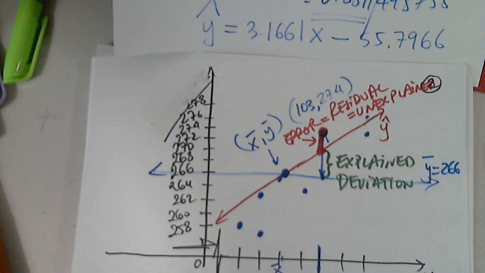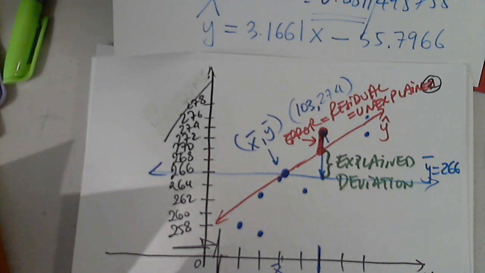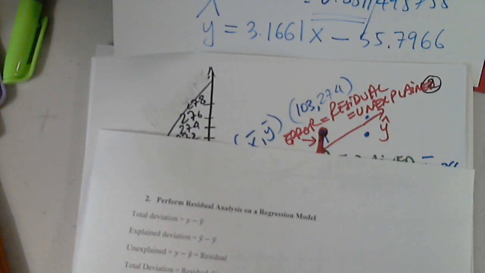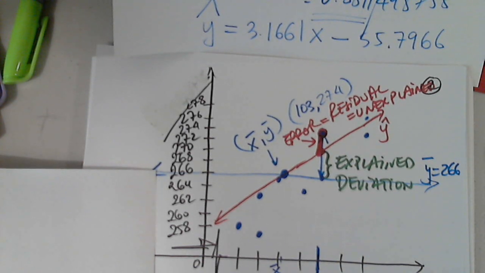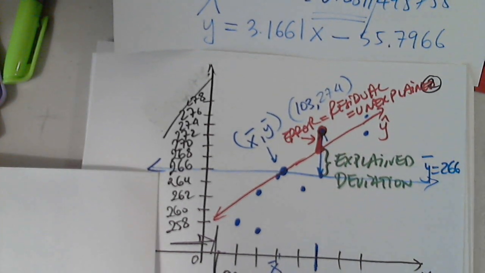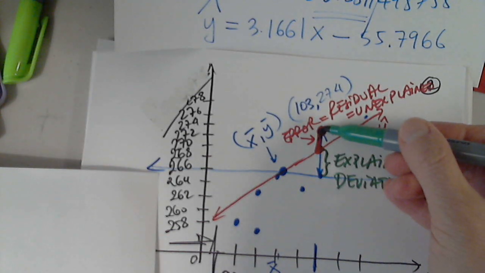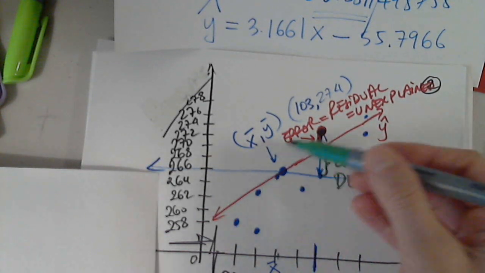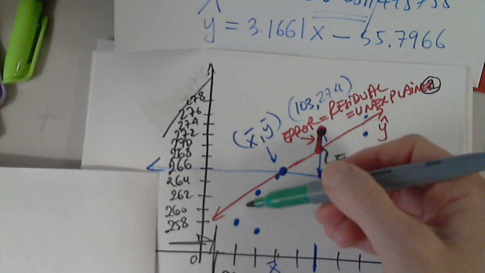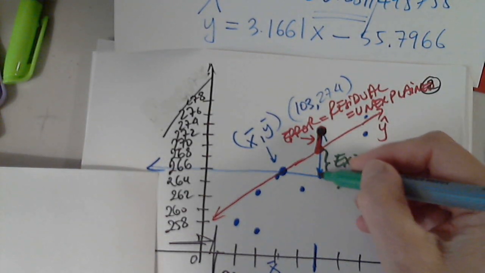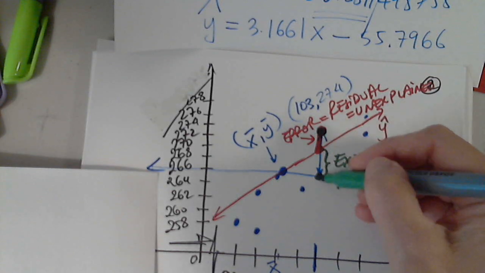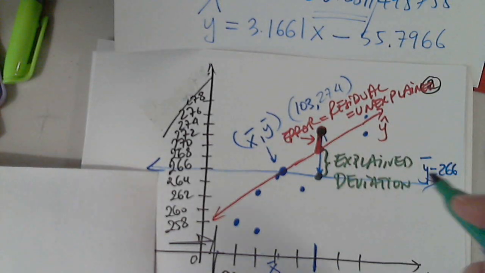So on page 2, at the top, I have all these and how we calculate them. So the total deviation is y minus y bar, the actual entry for the y value for each point minus y bar, from this point till this point. This is the total. What is the explained?